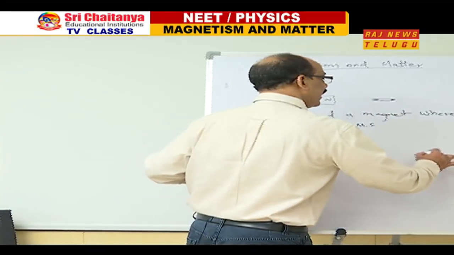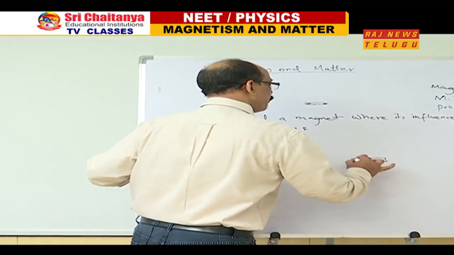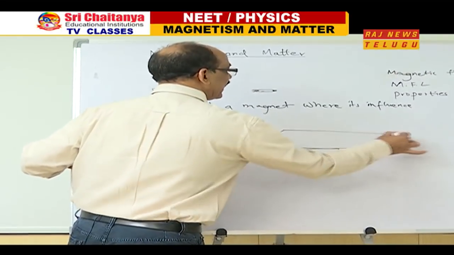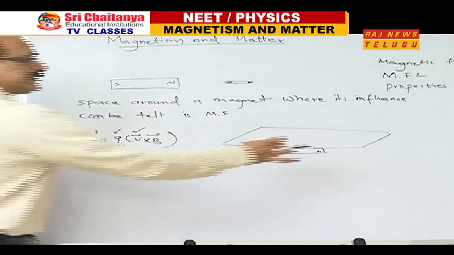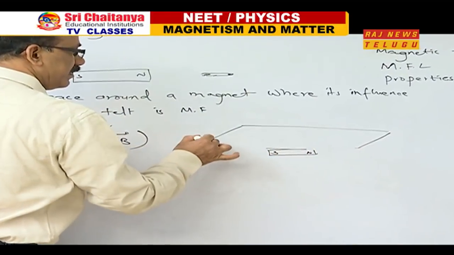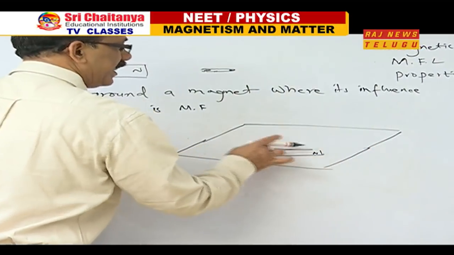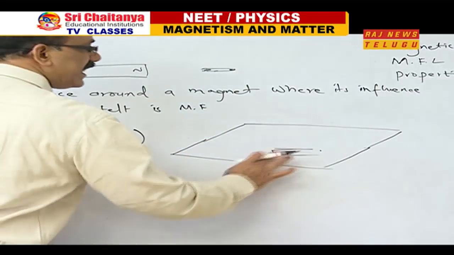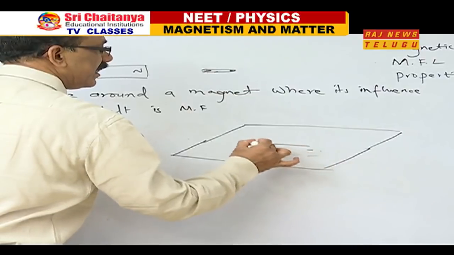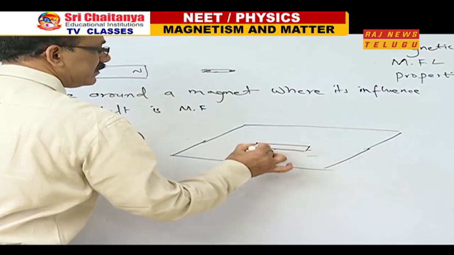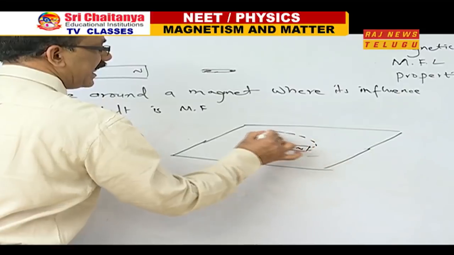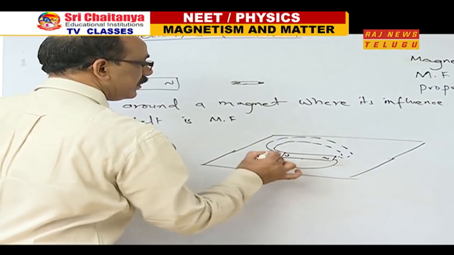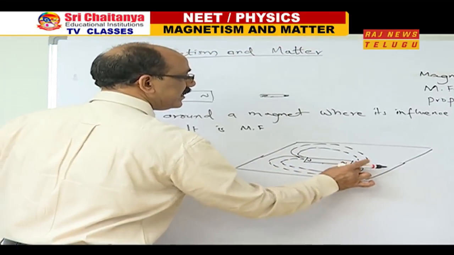If a sheet of glass is placed over a magnet like this, and iron filings are sprinkled over it, then these iron filings happen to be aligned in some pattern, like this.